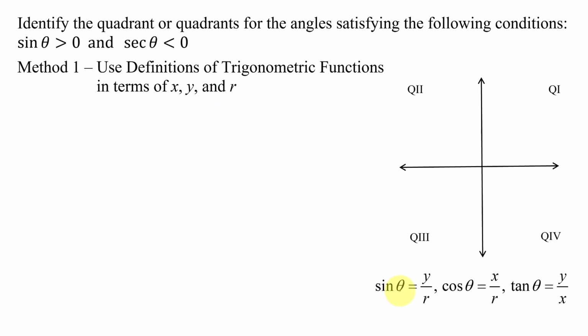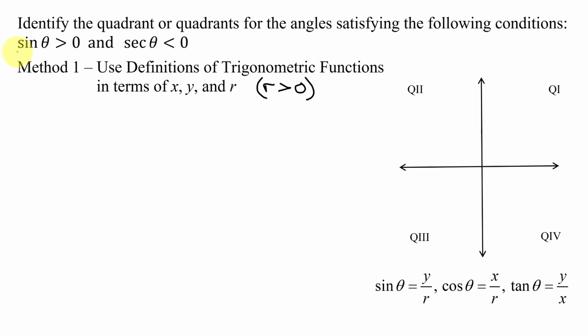Remember, the sine of theta is y over r, the cosine of theta is x over r, and the tangent of theta is y over x. Now remember, the value of r in these definitions is always positive, or greater than 0.